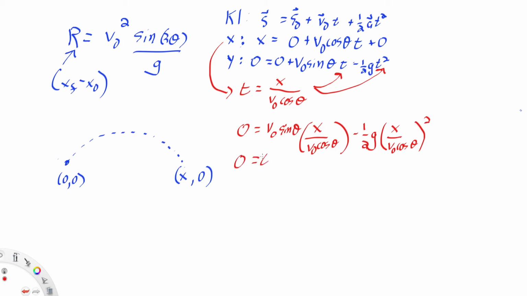So we get x tangent theta minus, and then over here, x squared, right from the squaring here, times g over 2 v naught squared cosine squared. Factor out an x.